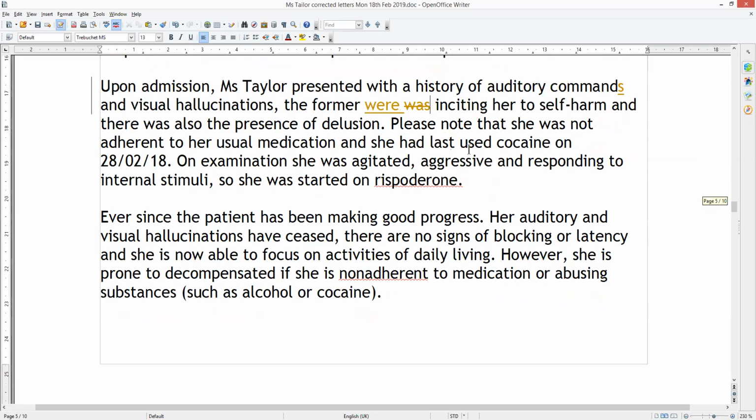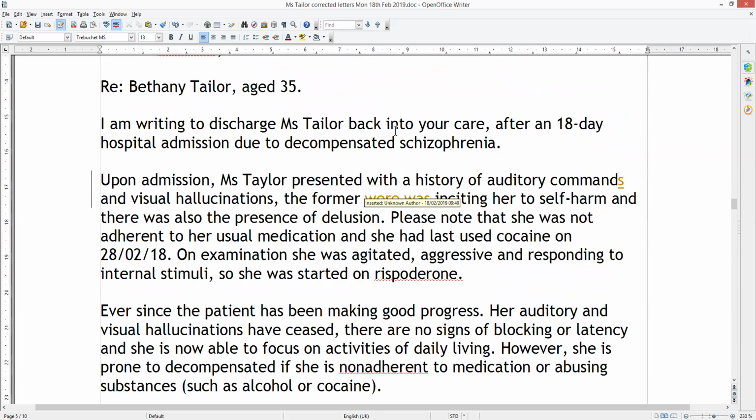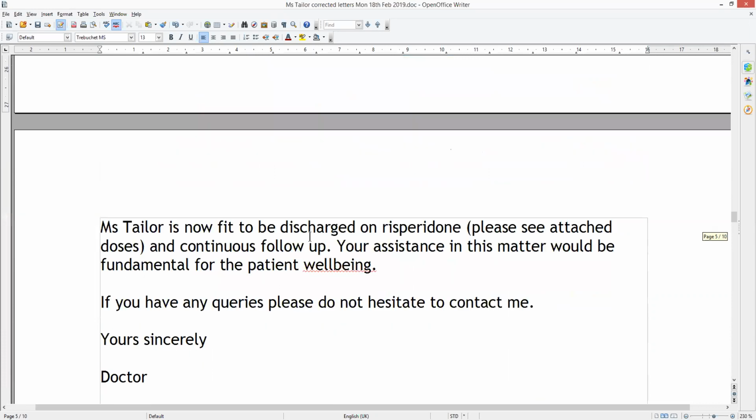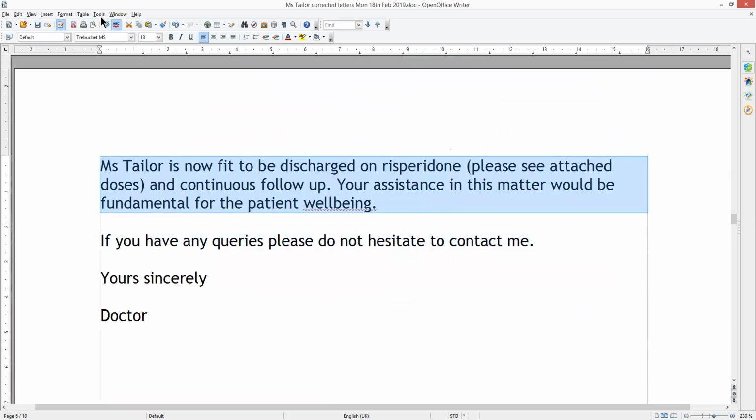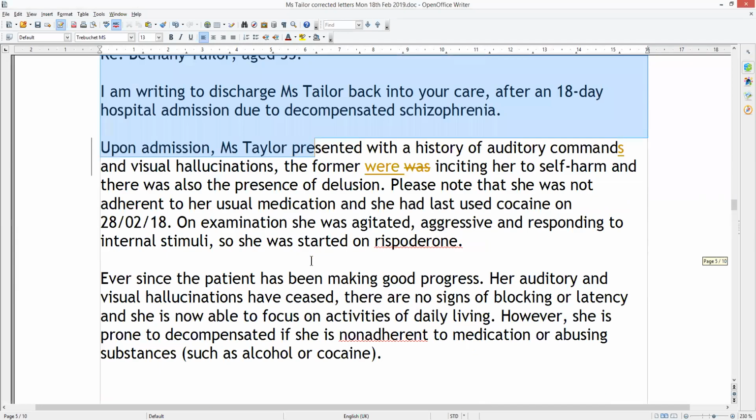Agitated, aggressive. Okay. This looks a little bit short too. Let me just have a look. How many have you got in the body here? This is like 171. So 171, it's supposed to be in the body, right?